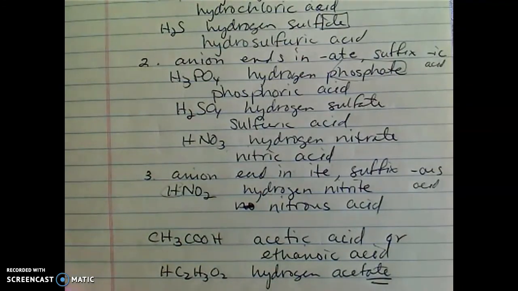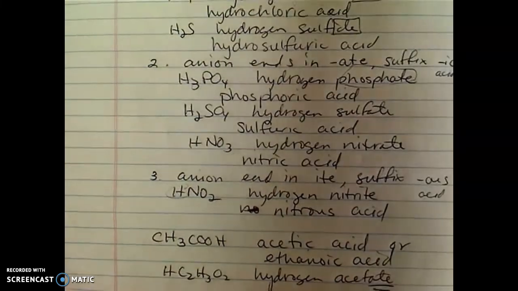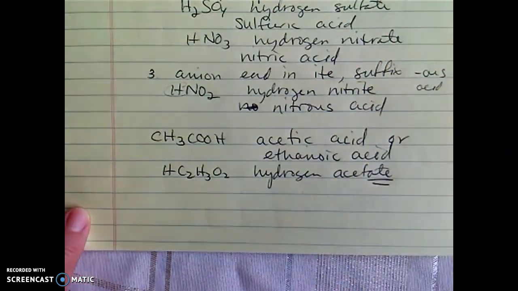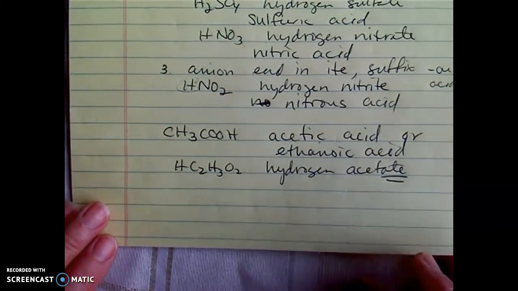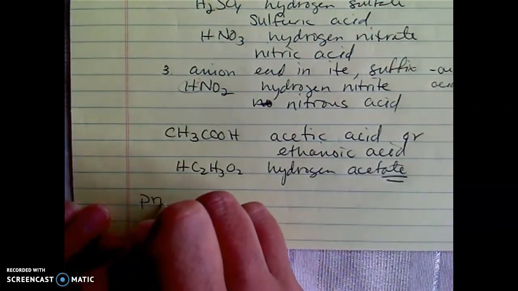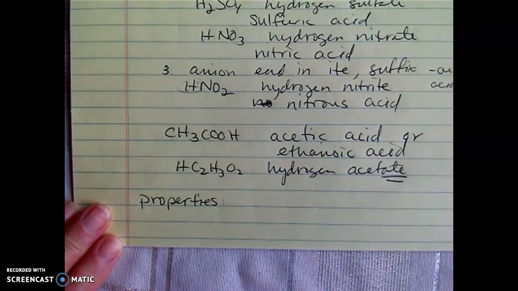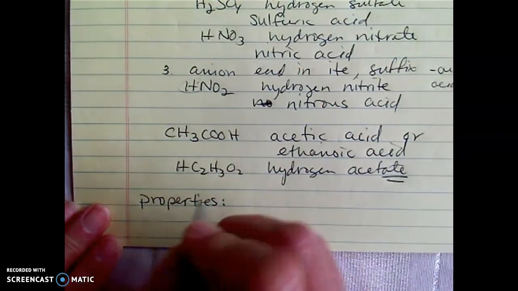You should know the properties of acids. So let's say you don't have a name or a formula to look at and you're trying to figure out if it's an acid. So the properties of acids. Now, if you're in a lab, don't taste it.